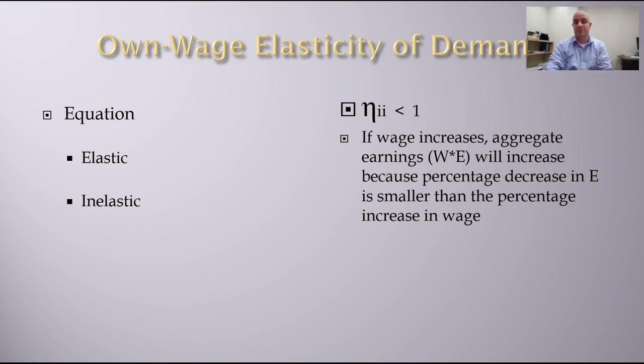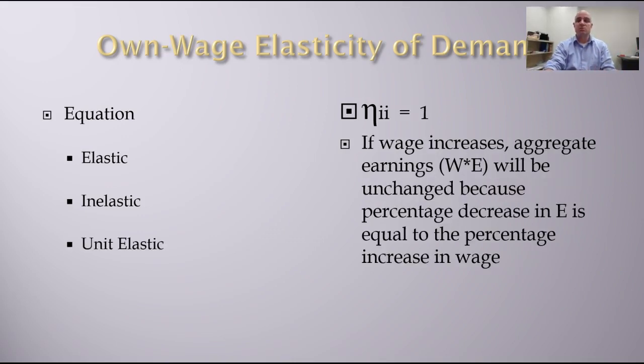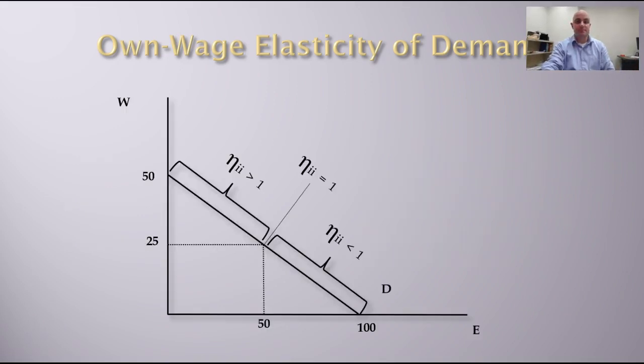So wage goes up, a lot of people are getting additional money, and the number of people working isn't going to go down by as much. That's inelastic. If it equals 1, the aggregate earnings are going to be unchanged because the percentage change is going to be the same.